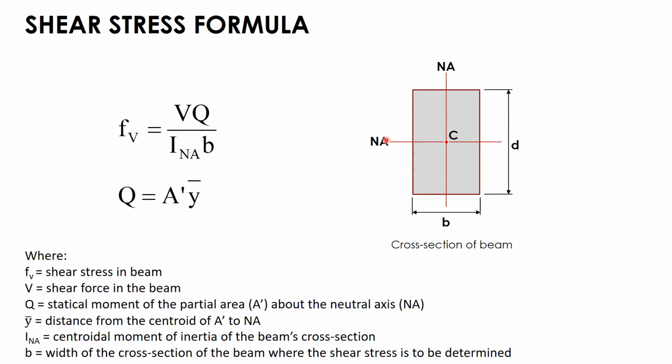Basta sinabi natin neutral axis, sa axis na yan, nakabalance yung area above or below, kasi nandyan nga yung centroid. Then, that will be your A prime. So again, it can be this area, so that will be your A prime, or this area.